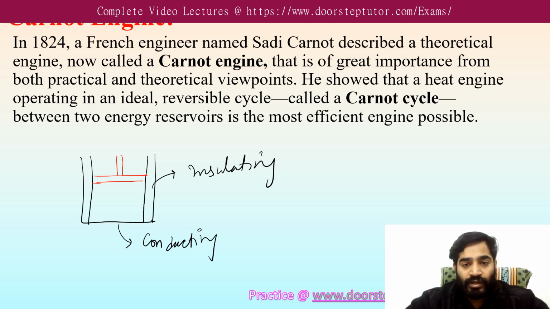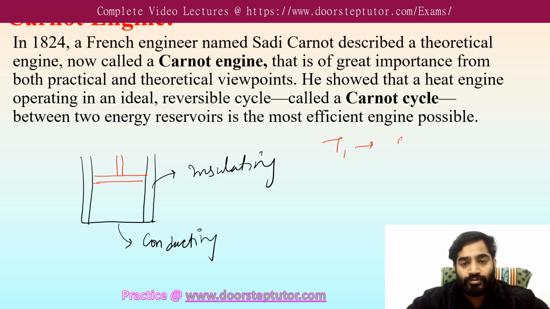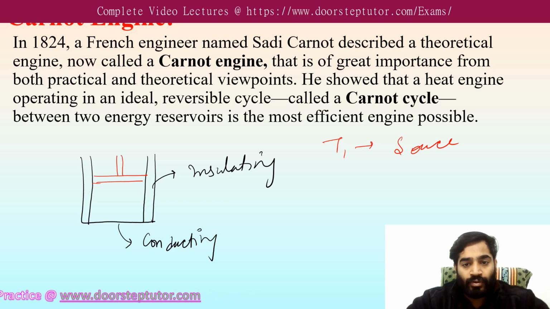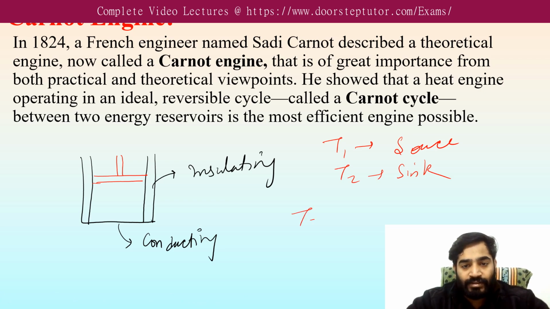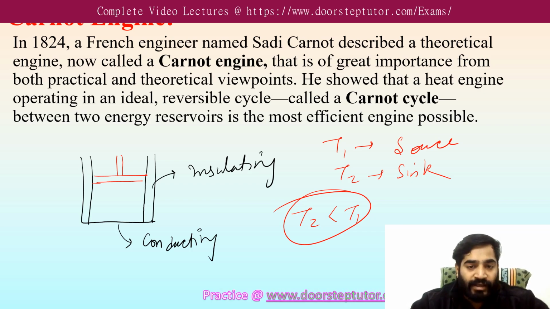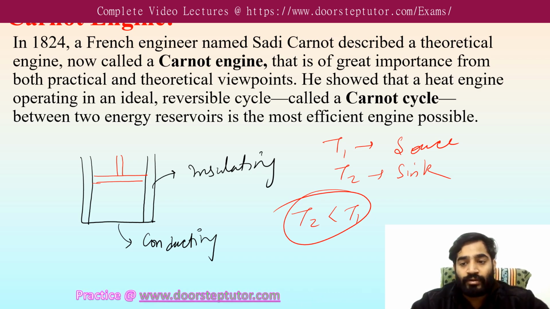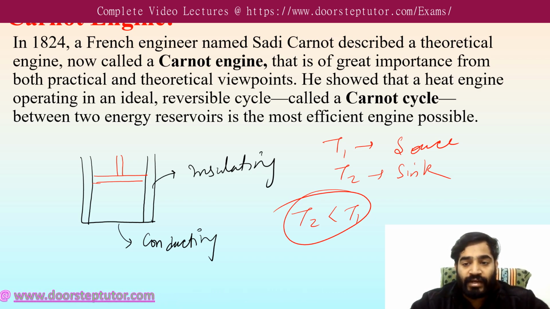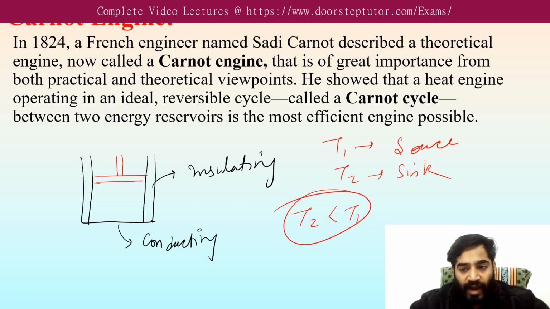So if T1 is the temperature for the source and T2 is the temperature for the sink, then T2 is less than T1. The sink is where the amount of heat is rejected by the engine. It also has infinite thermal capacity, so any amount of heat can be added without changing its temperature. So this is all about source and sink.